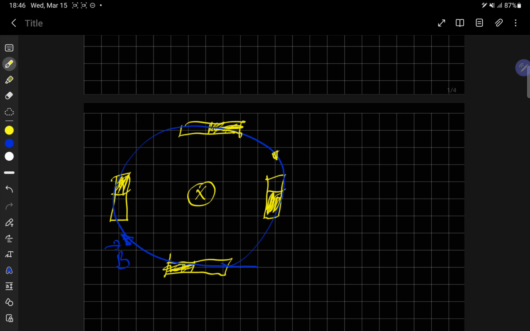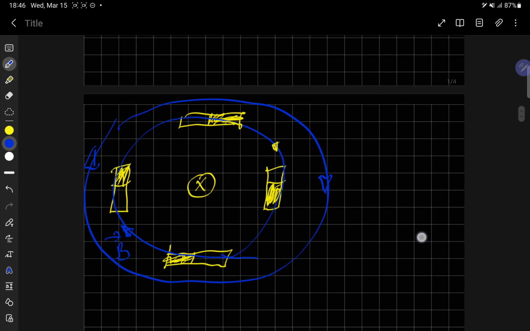Actually, when we have a current through a wire, there is a magnetic field around that wire, and we can determine that magnetic field with the right-hand rule. If we wrap our fingers around the wire and the thumb points in the direction of the current, the fingers will point in the direction of the magnetic field.